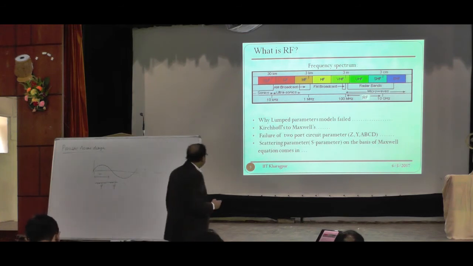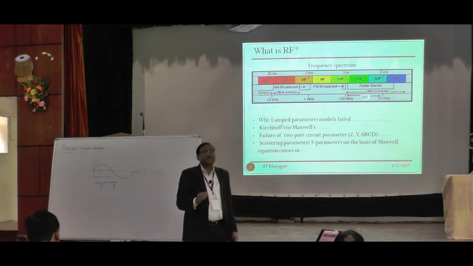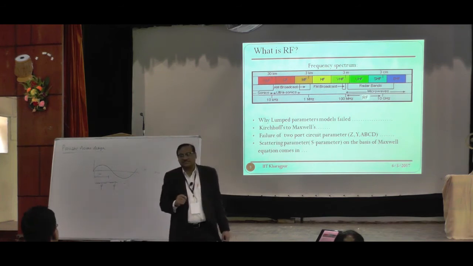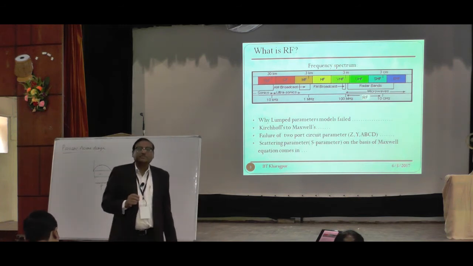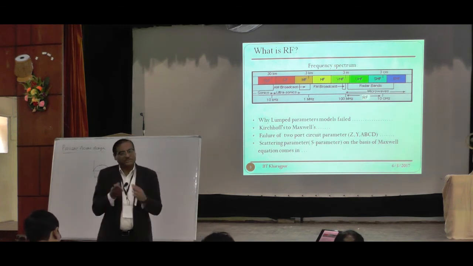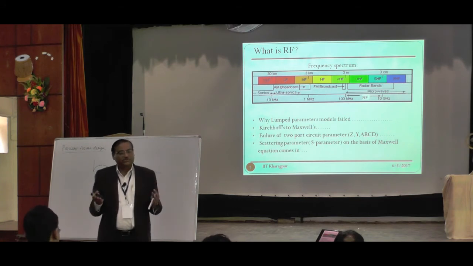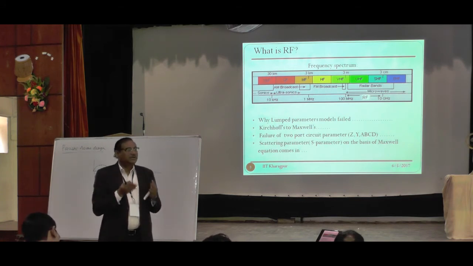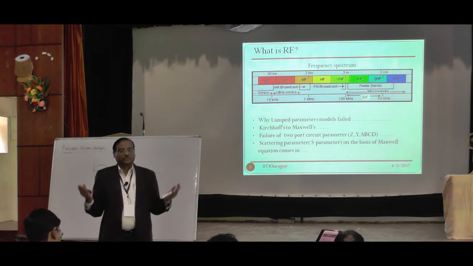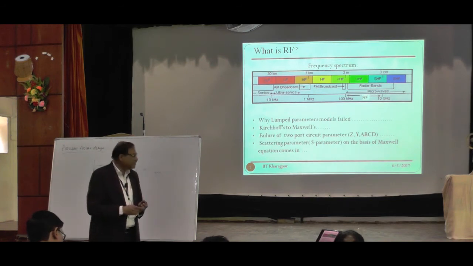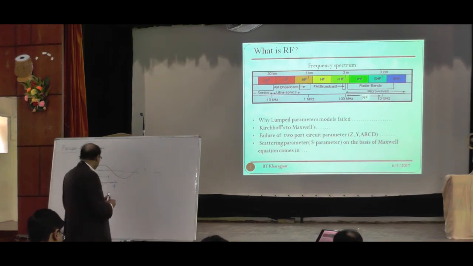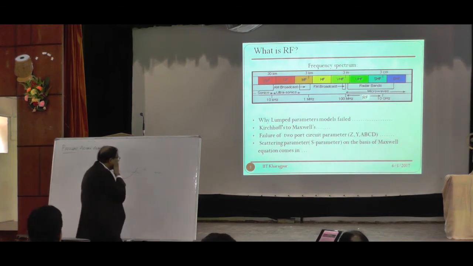Next question comes: all your device equations are small signal AC analysis. All Kirchhoff's laws, the gm-pi model, these are basically nodal equations. You solve the current at nodes, or the voltage across a closed loop is 0, or at a node the sum total of the currents is 0.